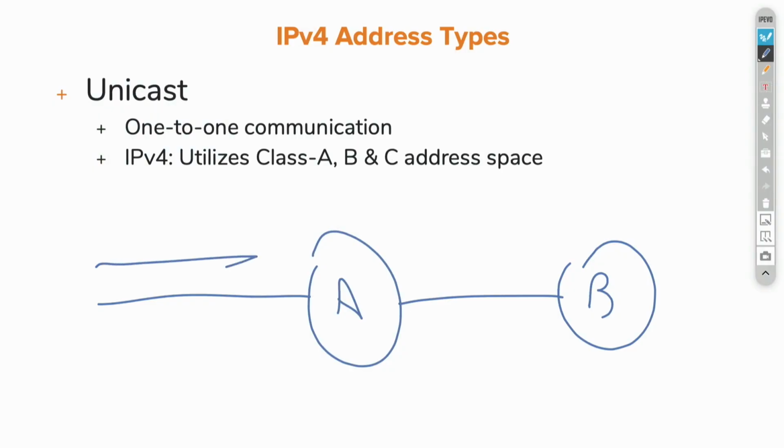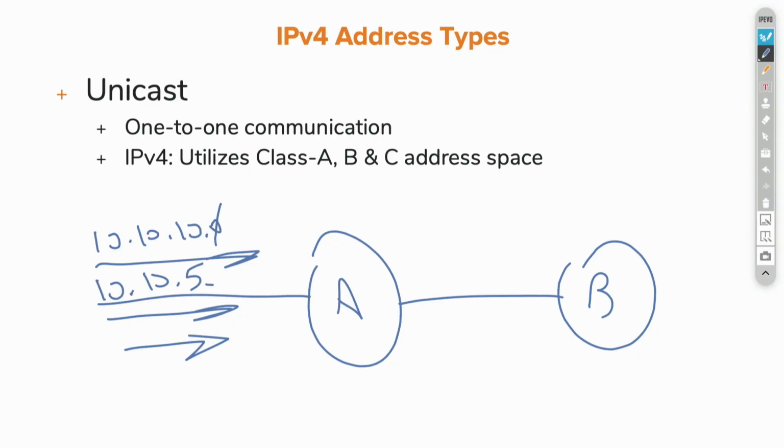Now, router A is learning about a whole bunch of networks. Maybe he's learning about the 10.10.10.0 network, the 10.10.5.32 network, and don't worry if you don't understand this nomenclature that I'm writing down right here, and 10.10.100.0.